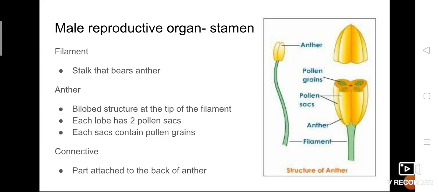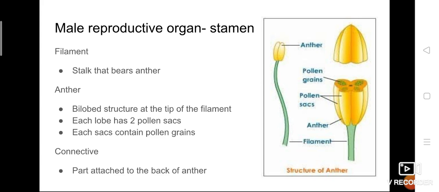Can you see the structure of the anther? Here it is, the picture is given. You can see a long tube-like structure on top. You are able to see some bulb-like structure, isn't it? The long tube-like structure of the stamen is called the filament.